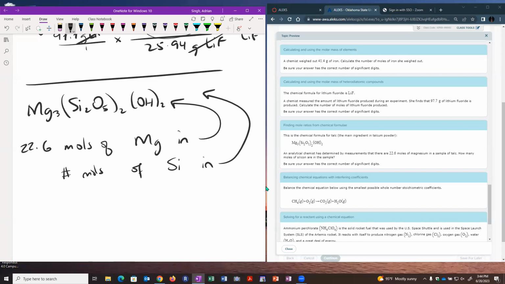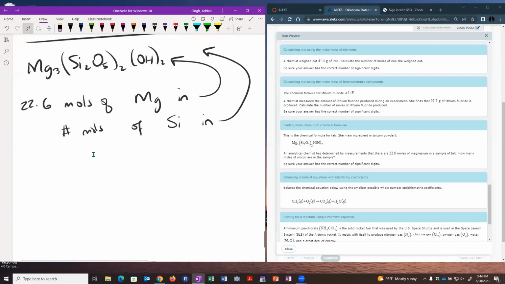All right, so one thing, this may sound like a problem or look like a problem that's fairly challenging, but it's actually really, really simple if you understand how to read chemical formulas, right? And what we did last week was putting together chemical formulas. Now we're using that information to do some calculations and to make some relationships.